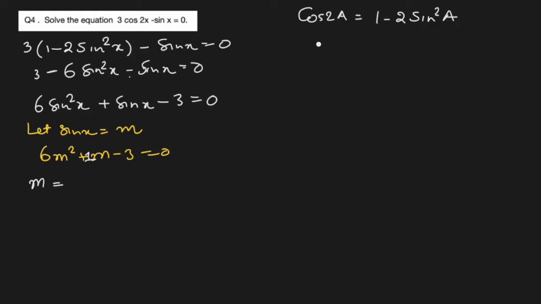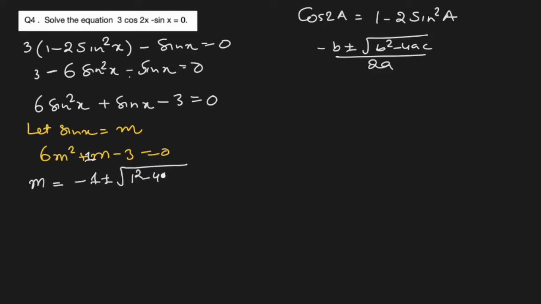So the quadratic formula is what? Minus b plus minus square root of b square minus 4ac, over 2a. So it will be minus 1 plus minus square root of 1 square minus 4 times 6 times minus 3, over 2 times 6.